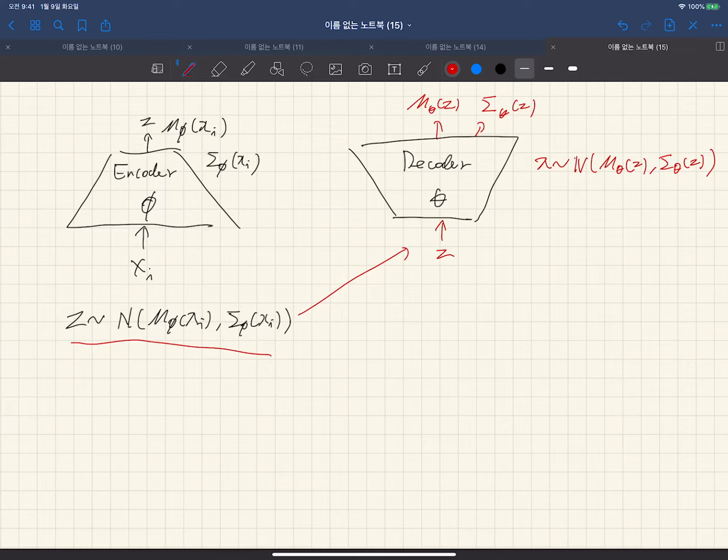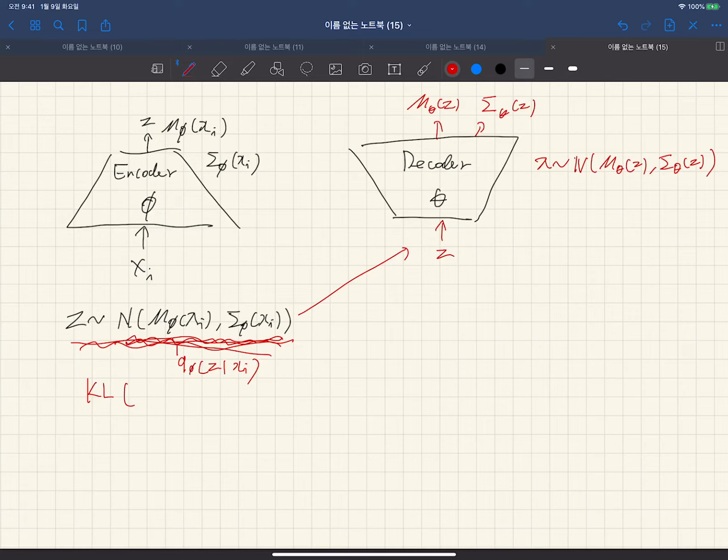So here, from this distribution, we define a loss function for the encoder part using KL divergence. Let's say this distribution is q phi z given xi. I'm a very lazy person, I don't want to write down full characters. So let's say q phi z xi is the normal distribution with mean mu phi xi and covariance matrix sigma phi xi.